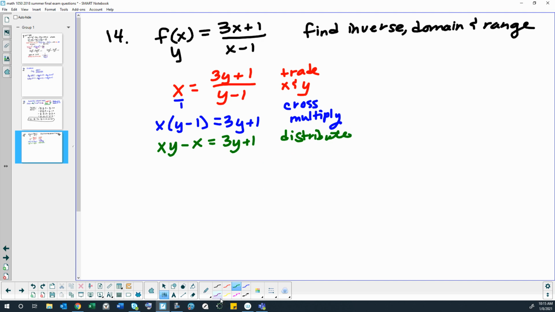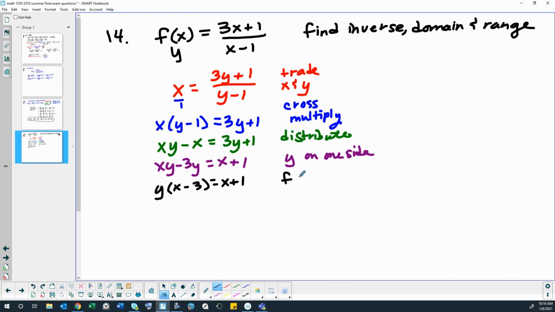Then we want our y to be on one side. So we're going to take any terms that have y in them and make sure that they're both on the same side of the problem, and anything that does not have y on the other side. Okay, now we just factor out the y. So now we're kind of doing everything in reverse that we just did. We did distributive property, and now we're going backwards.